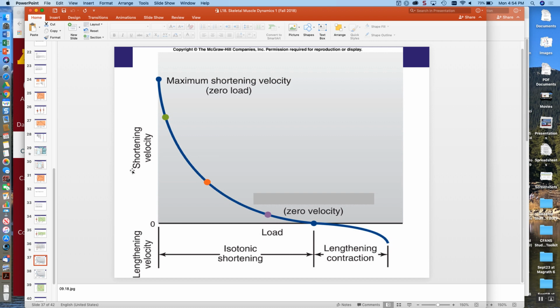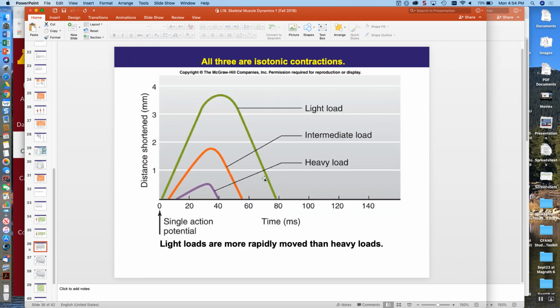Okay, so how do you generate this graph? You can see the dots here, green, orange, purple. What's happening here is you're looking at an isotonic contraction with essentially a single twitch. If it has a light load associated with it, it's not picking up a very heavy weight.